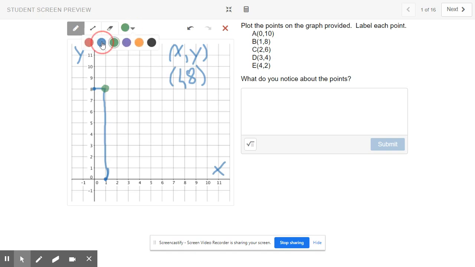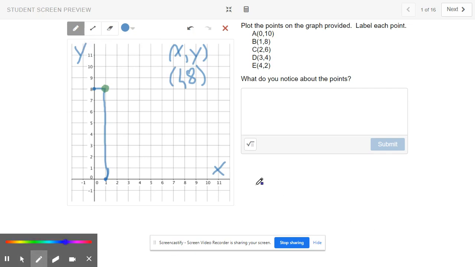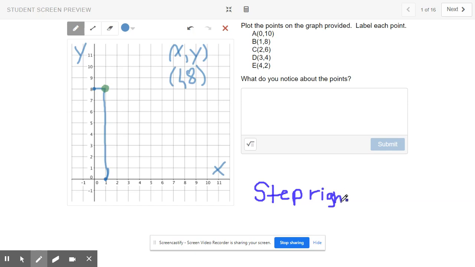Another quick tool that you might consider is one I've had students in the past use to remember, when you're plotting points and you look at the coordinates, you're going to step right up, kind of like if you're at a carnival and somebody might say, step right up and try to win this prize, right?